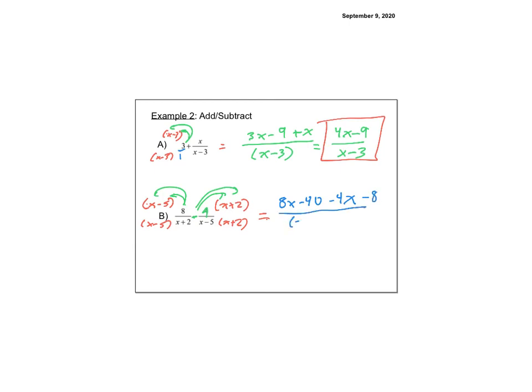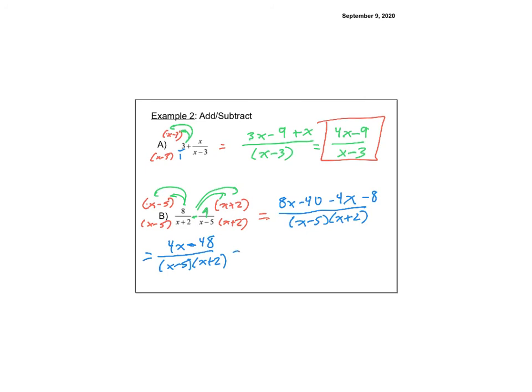All over x minus 5, x plus 2. Combine your like terms. 8x minus 4x is 4x. Negative 40 minus 8 there is a minus 48. All over x minus 5, x plus 2.